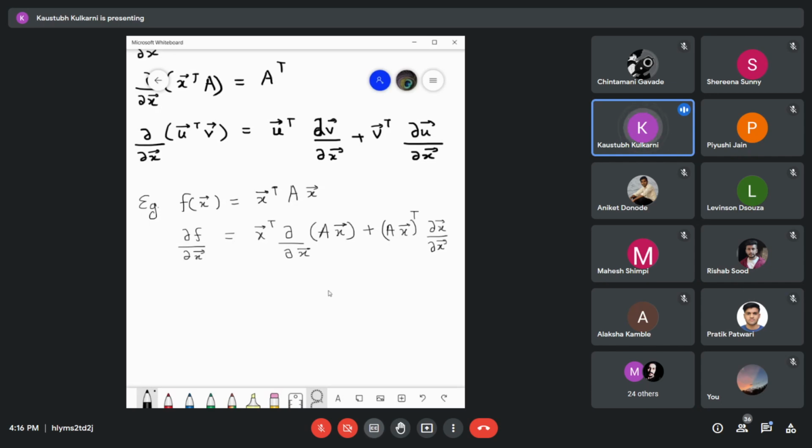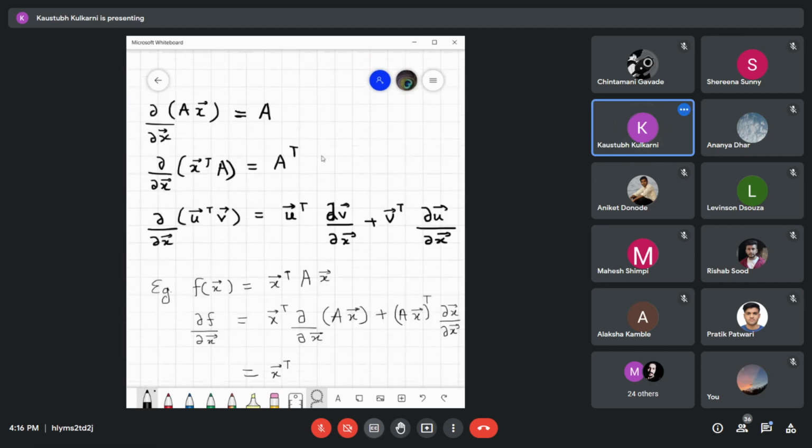So this is equal to X transpose, and by this rule, dou by dou x bar of X transpose into A is A transpose, the one above it.